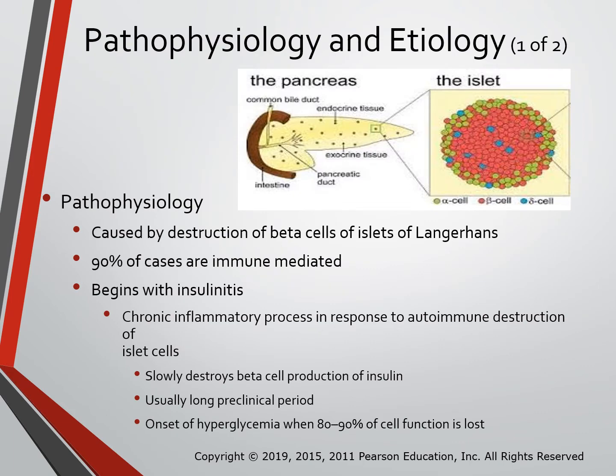So what's the patho? The destruction of the beta cells of the islets of Langerhans in the pancreas, the only cells in the body that make insulin, is the cause of type 1 diabetes. When beta cells are destroyed, insulin is no longer produced. So again, these beta cells in the islets of Langerhans are the only thing in our body that makes insulin.